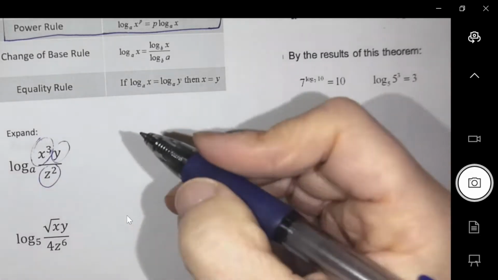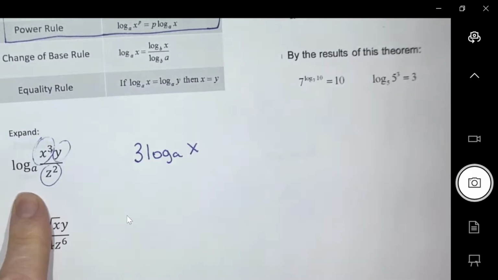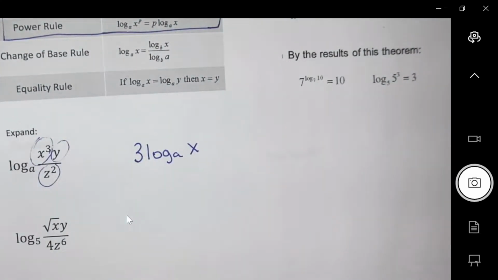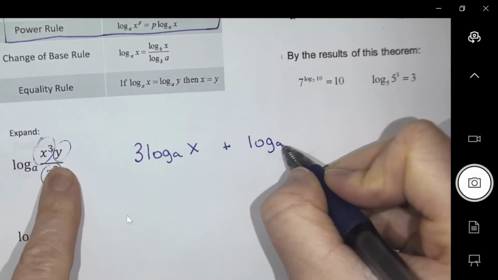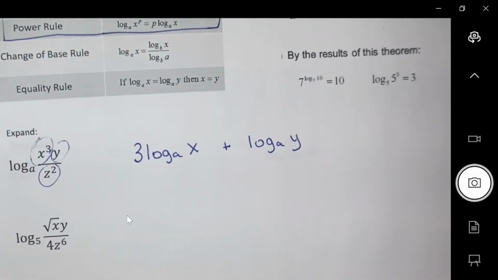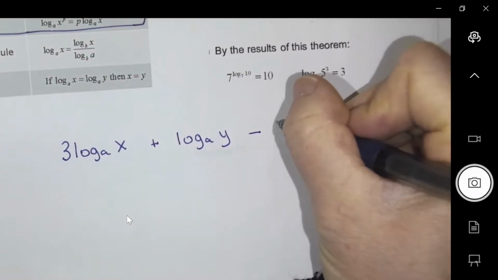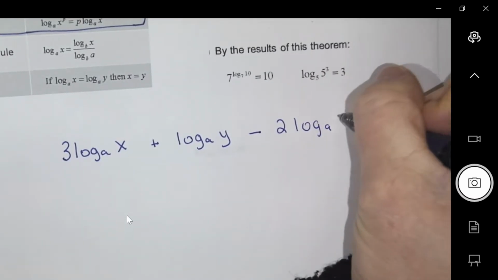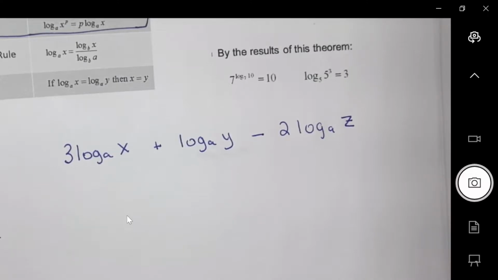Okay, so here's what it looks like. 3 log a x, because I took the exponent and changed it to a multiply, plus log a y, and then there's a division, so subtract 2 log a z. Okay?